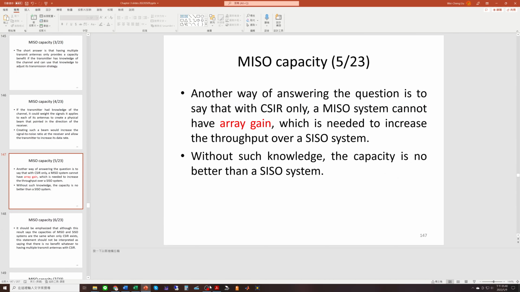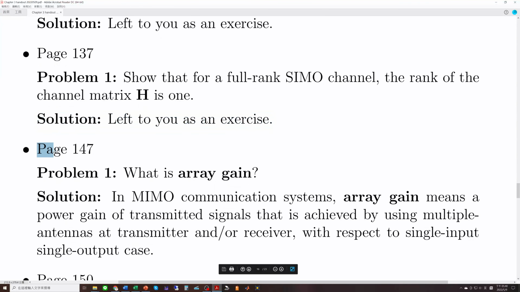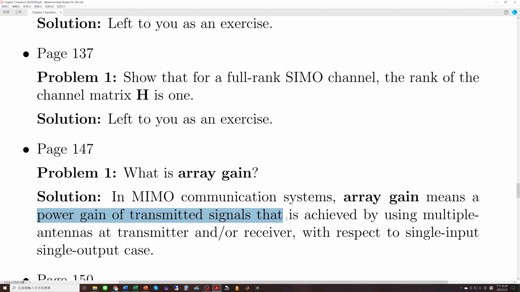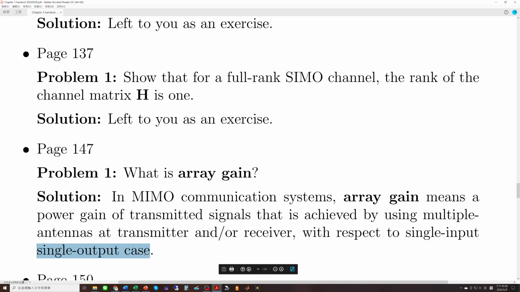What is array gain? Let us see the handout, page 147, Problem 1. What is array gain? Solution: In MIMO communication systems, array gain means a power gain of transmitted signals that is achieved by using multiple antennas at the transmitter and/or receiver with respect to the single input, single output case.